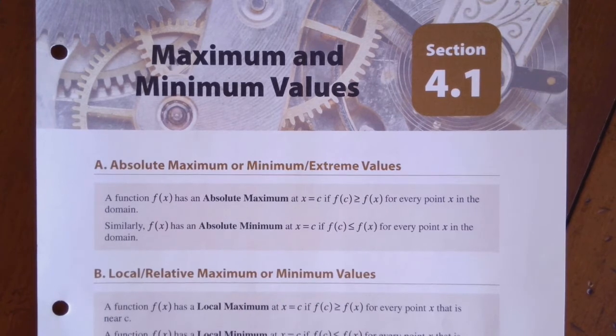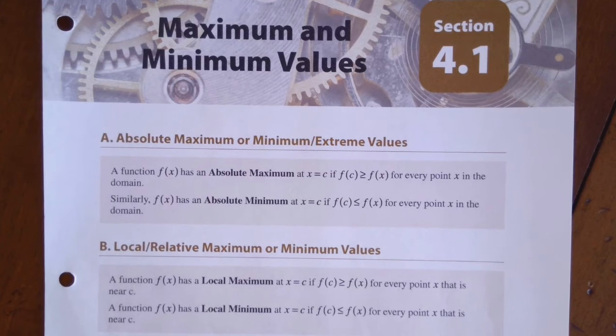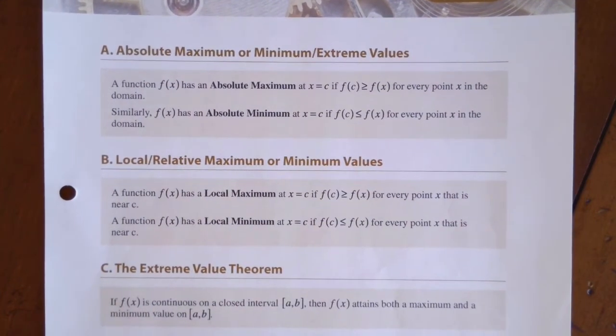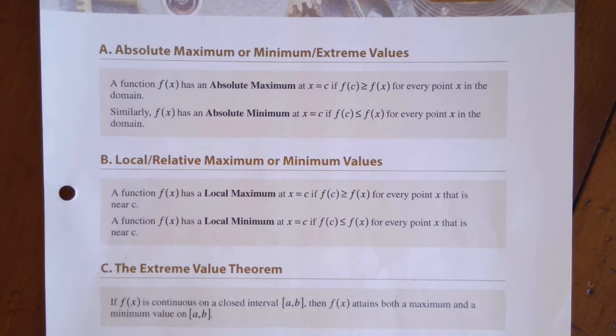All right, so for max and min values, the very first few definitions on the notes here actually stem back from what you did back in Algebra 1, Algebra 2. That's the difference between what are called absolute max and min values and local or relative max and min values.